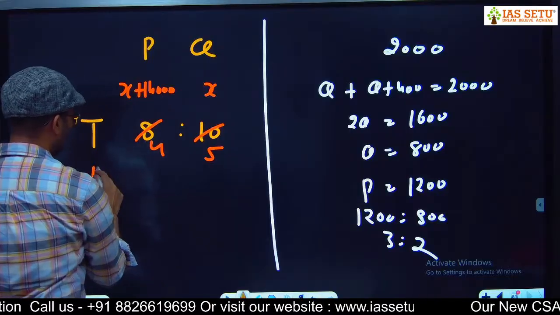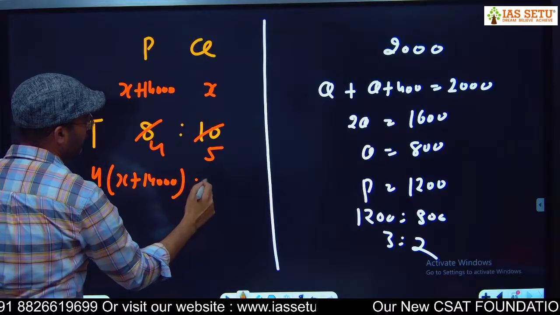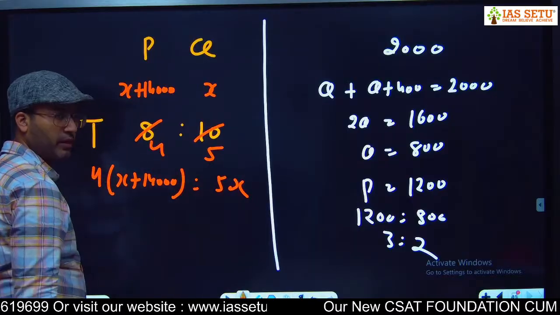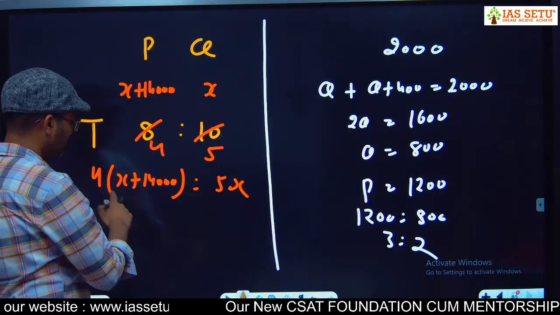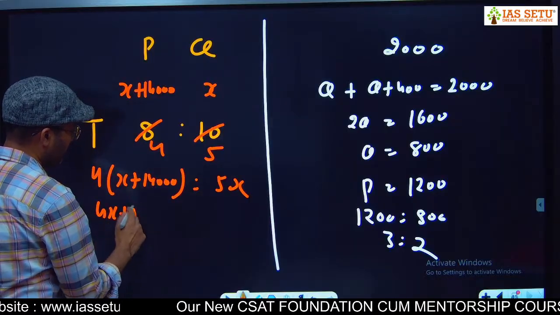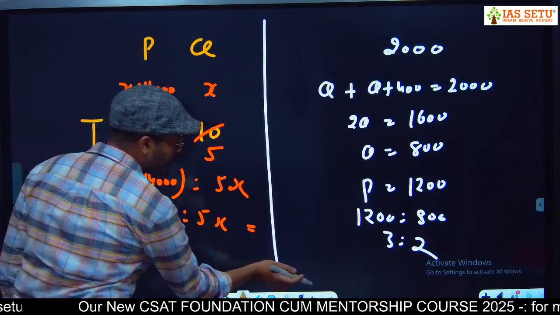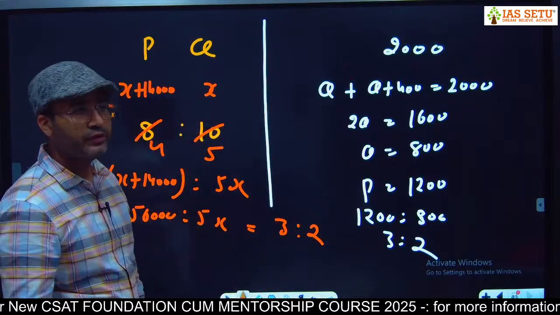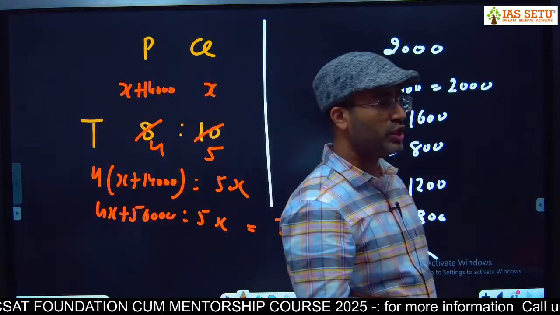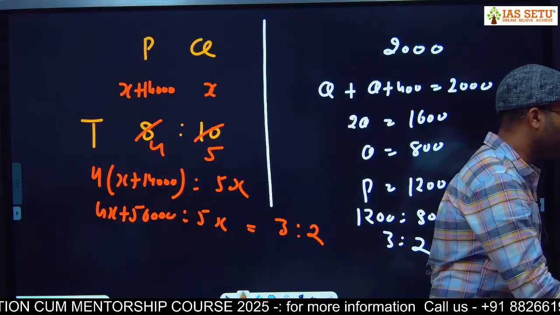Multiply: 4x plus 56,000 is to 5x. You equate it with 3:2, because according to the question their profit ratio is actually 3:2. Out of 2,000 rupees, 1,200 goes to P and 800 to Q.